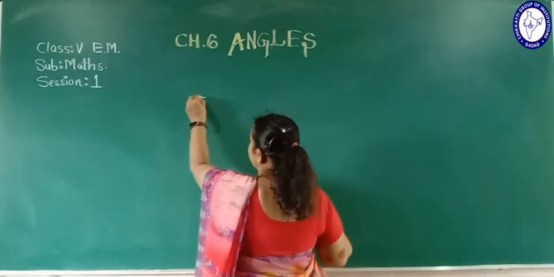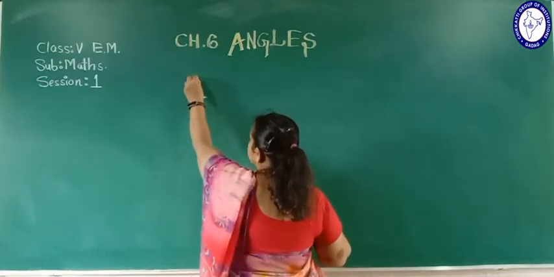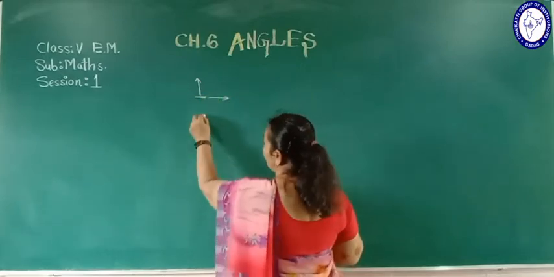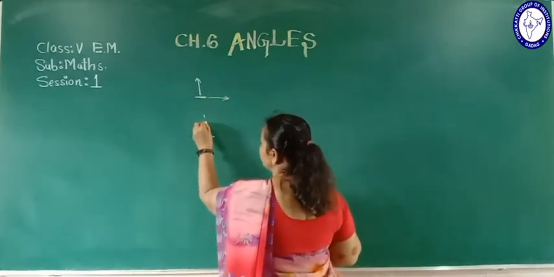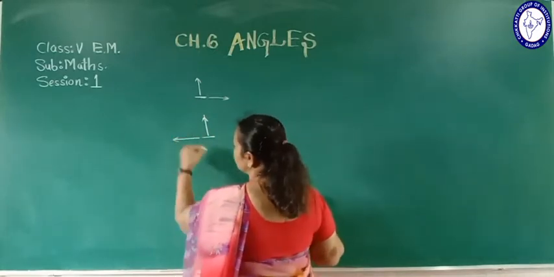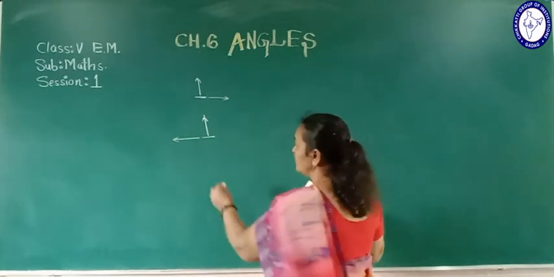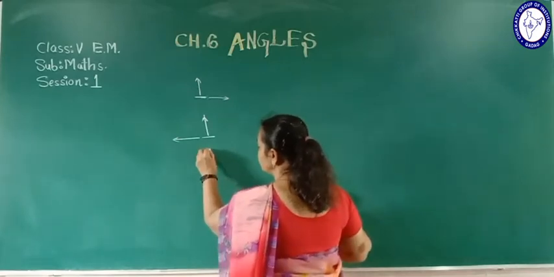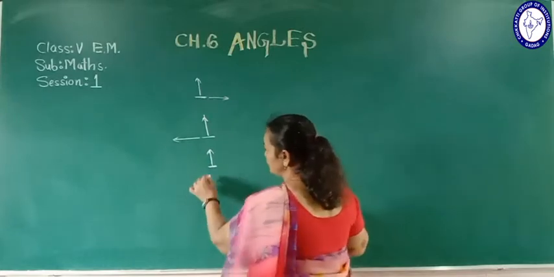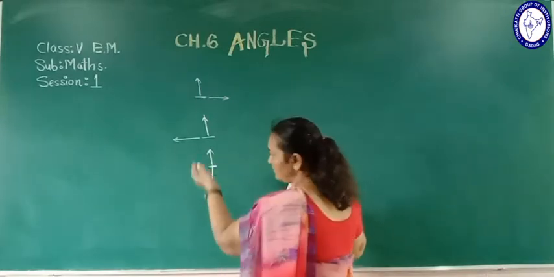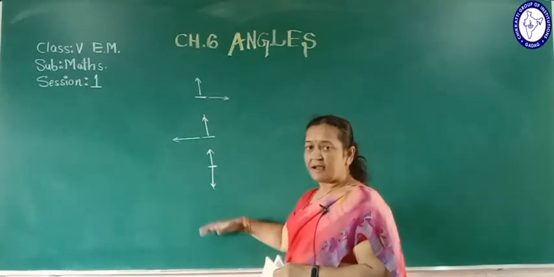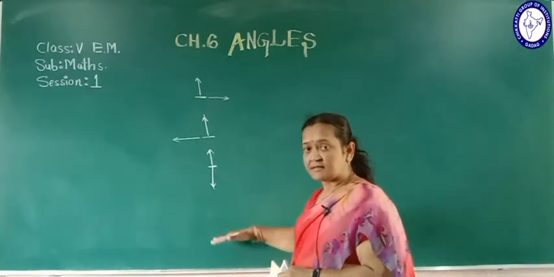If you are standing here and your face is towards this, then you will turn in this way. Or you are standing here, your face is in this direction, you may turn this way. Or for piche mudega, a half turn you will take, and now your face is towards this direction.